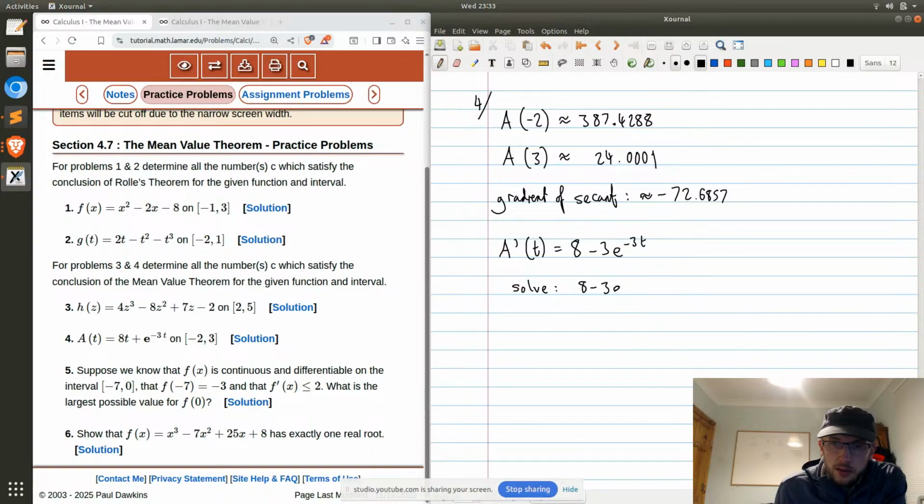So solve this. Take away 8. Divide that by -3.